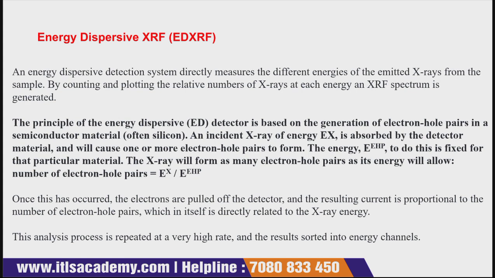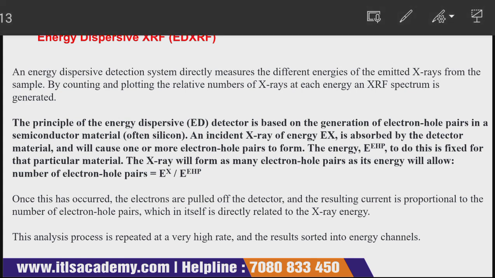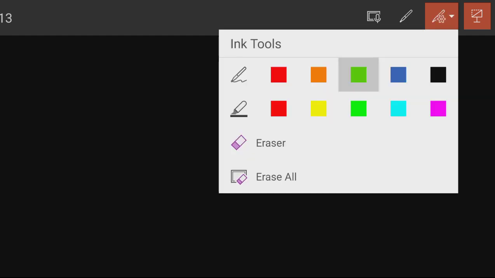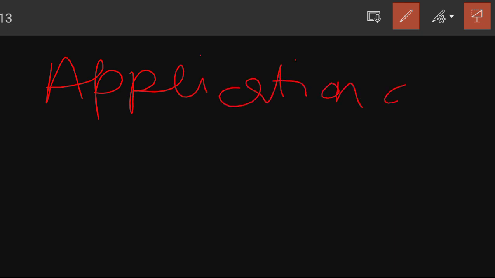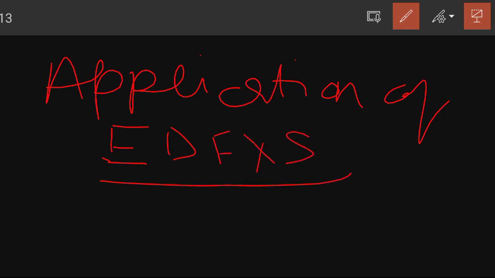Now the most important part of this segment is the applications. The applications of energy dispersion X-ray spectroscopy: the first application is the study of microorganisms.